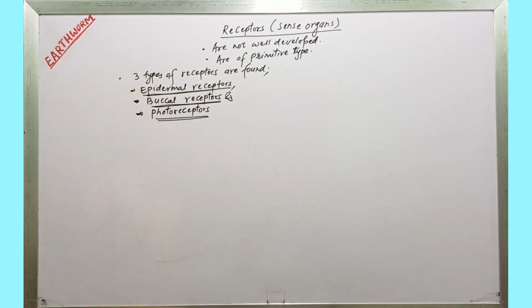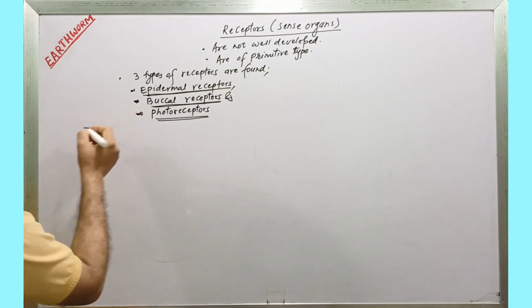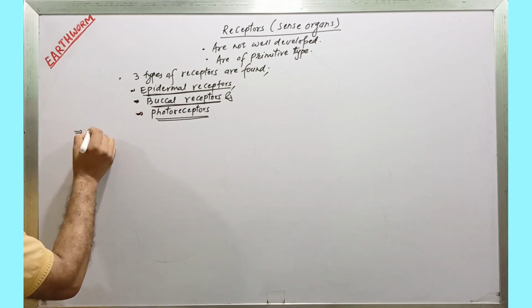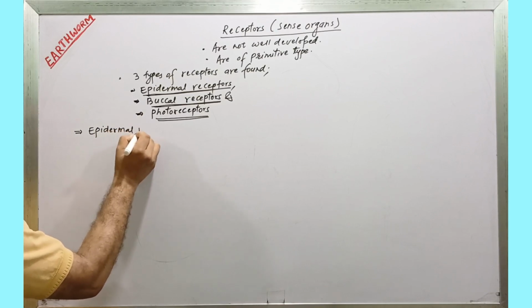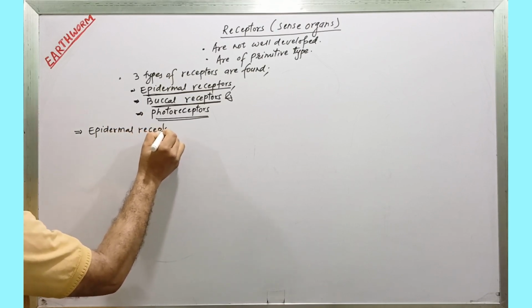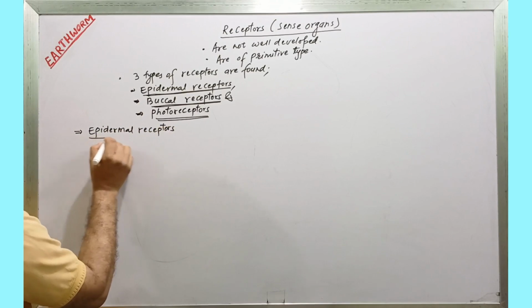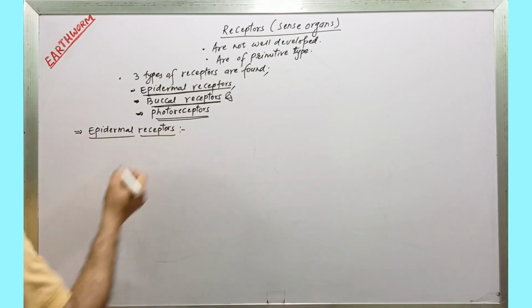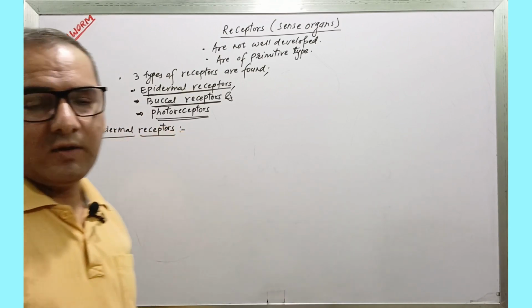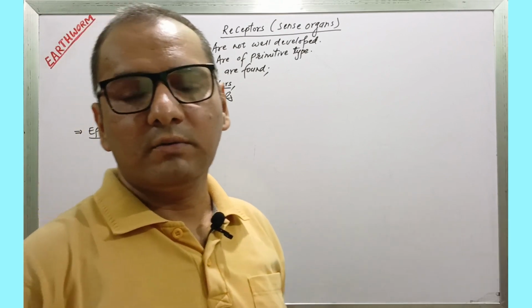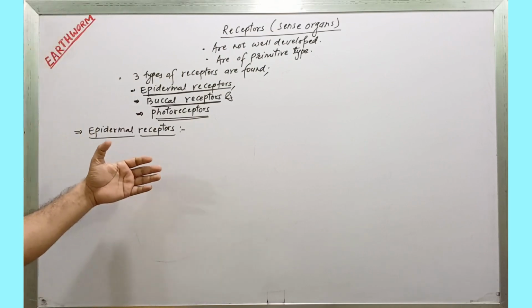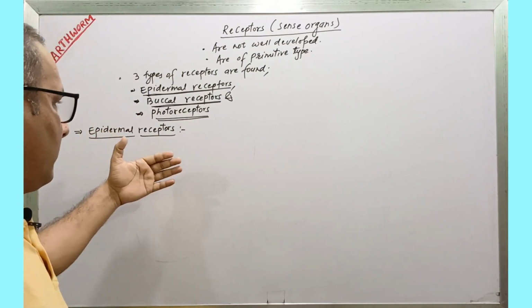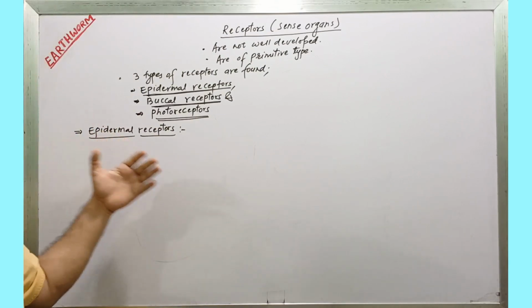Let's discuss them in detail. The first type is epidermal receptors. The epidermal receptors are found on the epidermis of the body wall. They are present on the ventral and lateral surface only, and they are not present on the dorsal surface.